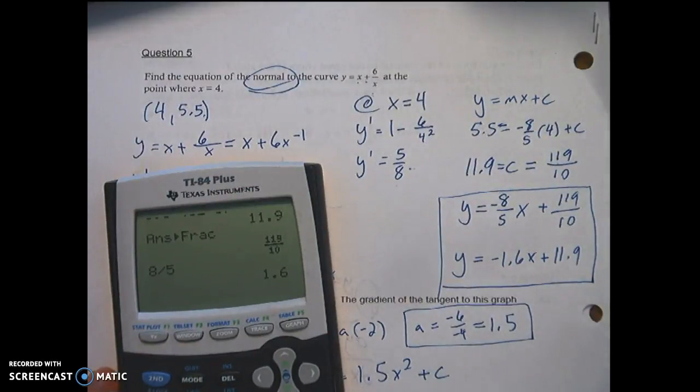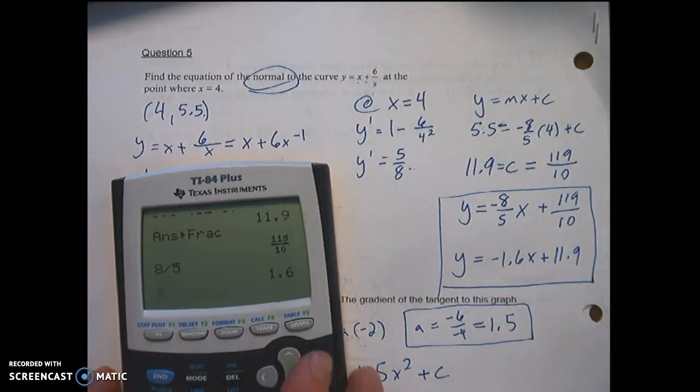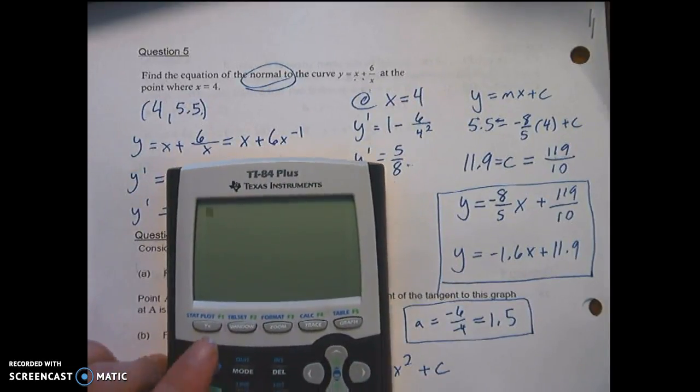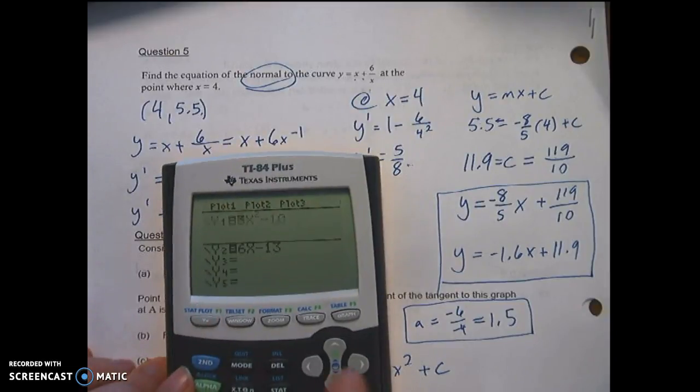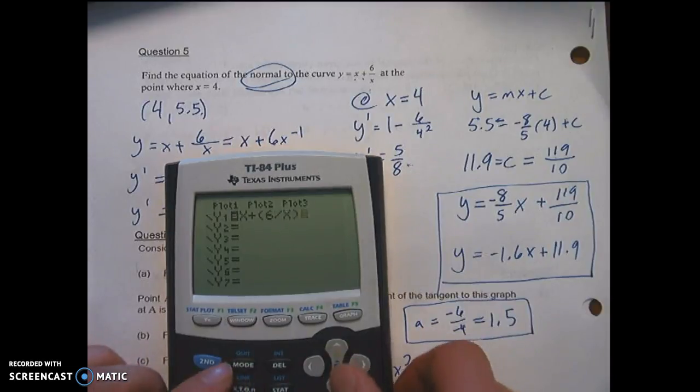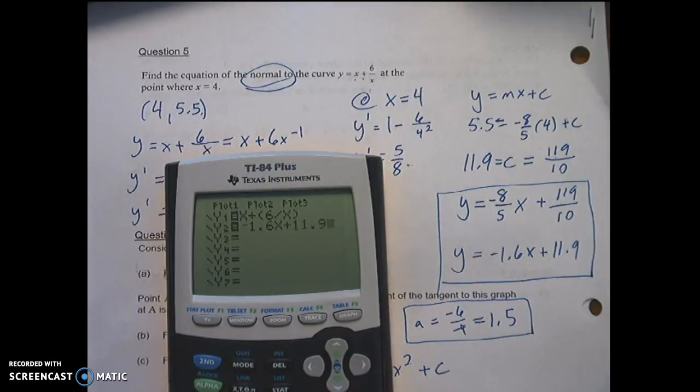And just so you believe me that that's the normal, I'm going to go ahead and graph this. This will be the last thing I do here. When I type in the equation x plus 6 over x, I should probably do that in fractions. And then I do this normal, negative 1.6x plus 11.9.